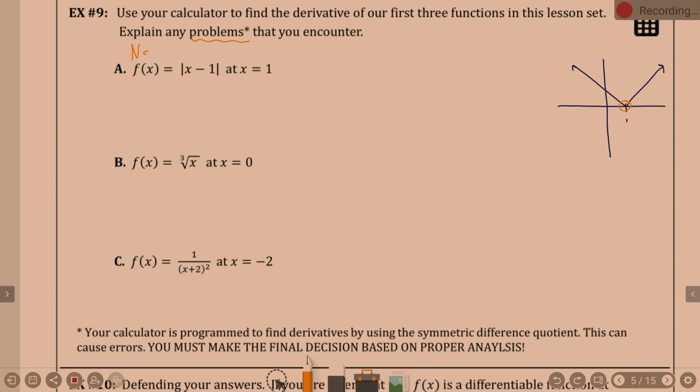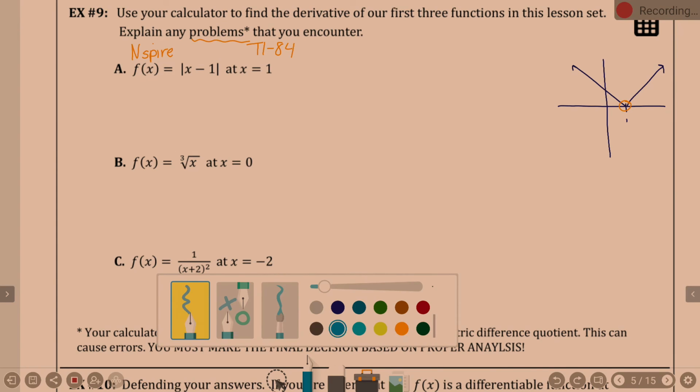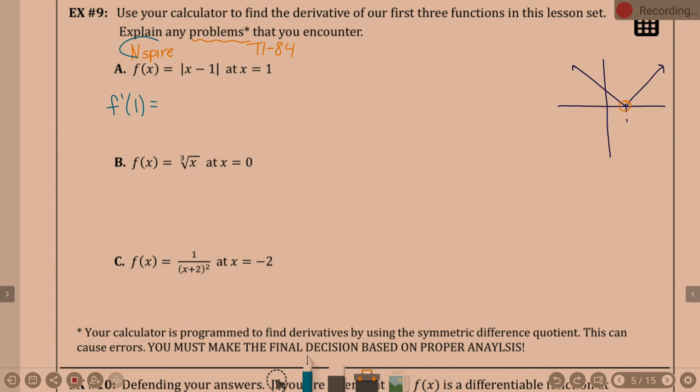If I make an Inspire column versus a TI-84 column, just to show you: the derivative at 1 according to the Inspire is plus or minus 1. The derivative at 1 according to our TI-84 is equal to 0. In reality, this isn't differentiable here.